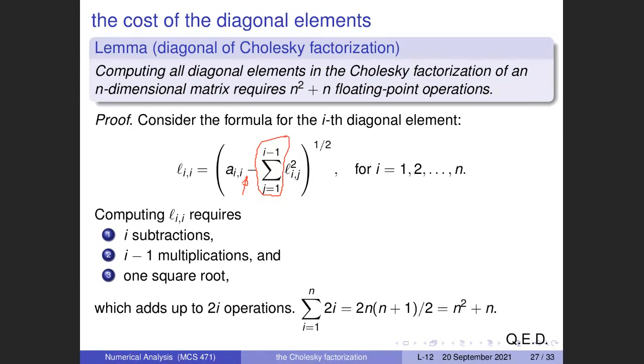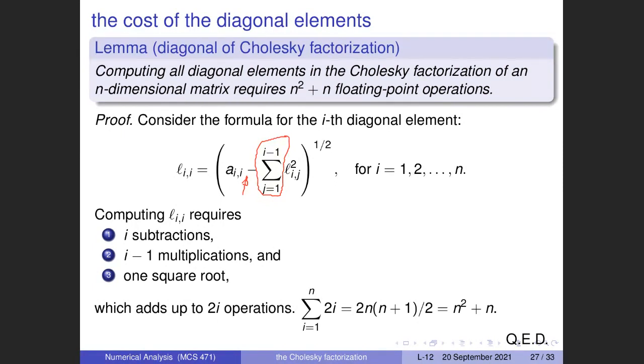All right, that gives us the statement of the lemma. The lemma says that it requires n squared plus n floating point operations to compute all diagonal elements in the Cholesky factorization. All right.